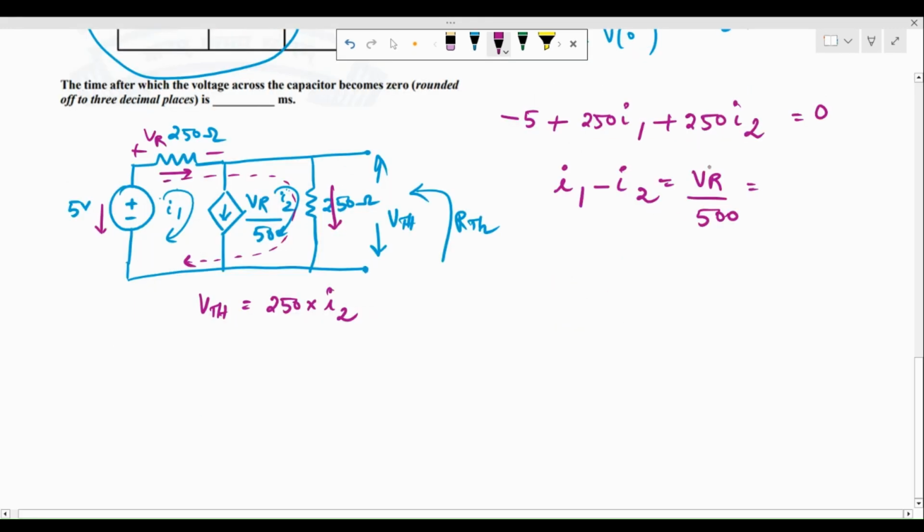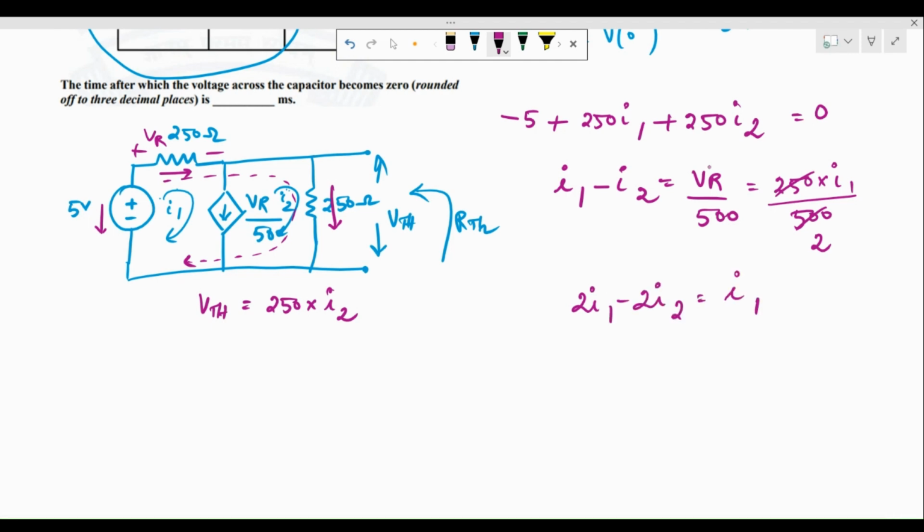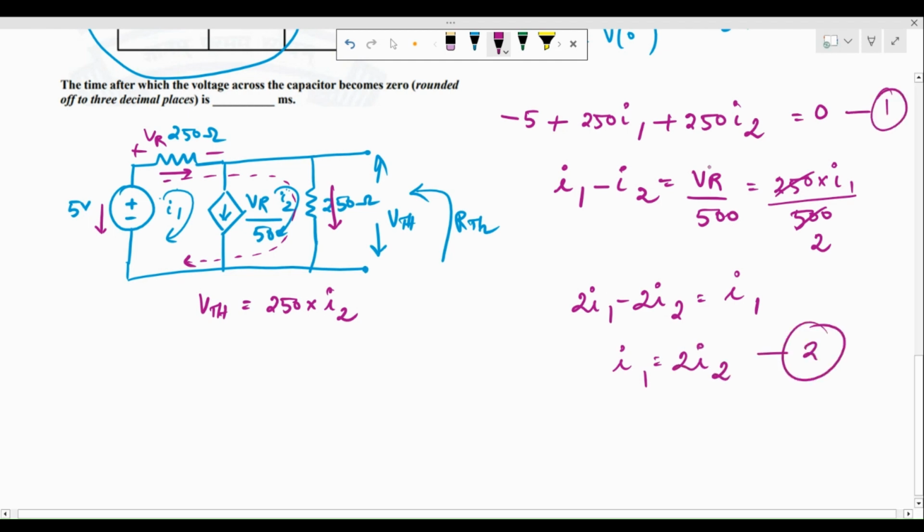And VR is nothing but 250 into I1, because it's the voltage across the 250 ohms resistor as marked, divided by 500. So effectively I'll get 2I1 minus 2I2 is equal to I1. So therefore I1 is 2 times I2. If I replace this equation over here, then I can compute I2, right?